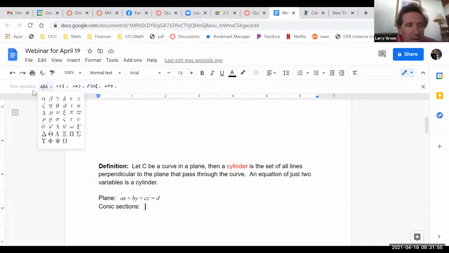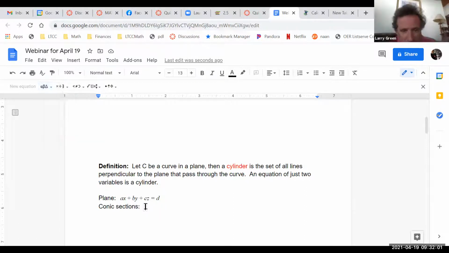And the way to write those is ax squared, and I'm going to go more general than you know, plus by squared plus cxy plus dx plus ey equals f.